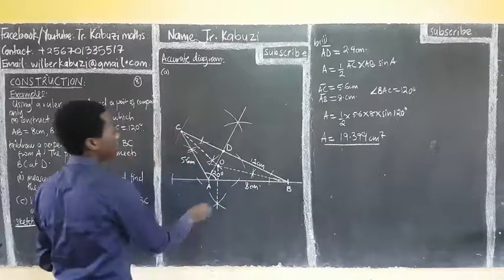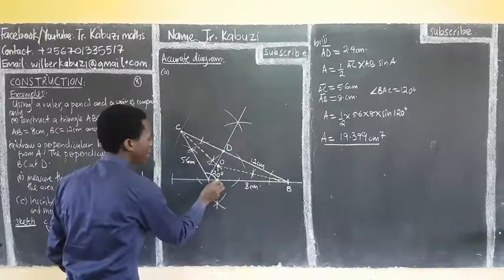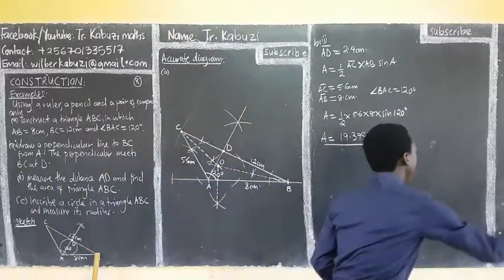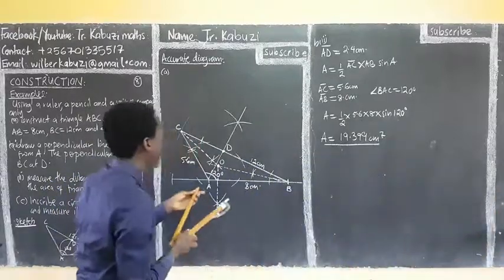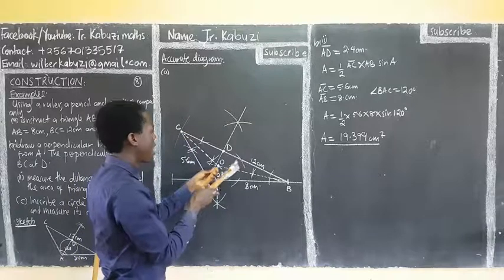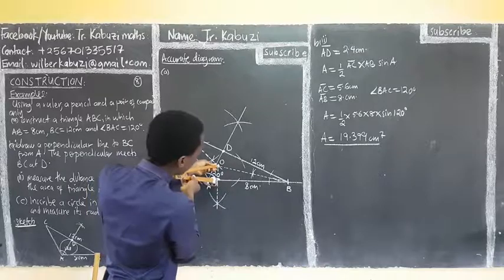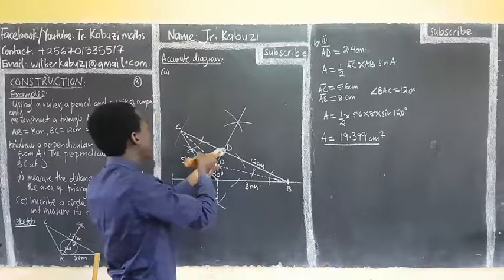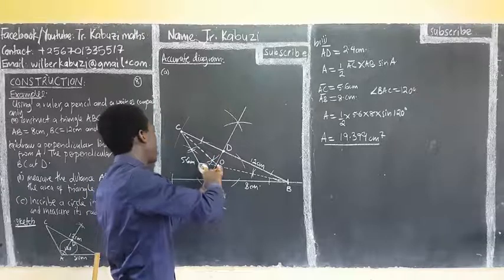Now, after doing that, note this point here. That's where your pencil compass is going to be. Then you put it at the center, then at this point here, and you describe the circle like that, in that order.